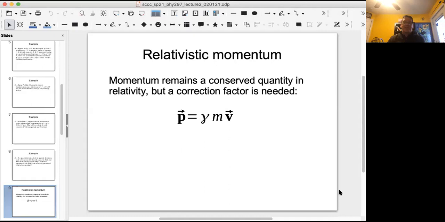Another consequence of that is that you can think of the mass as increasing by the factor of gamma as its velocity increases.